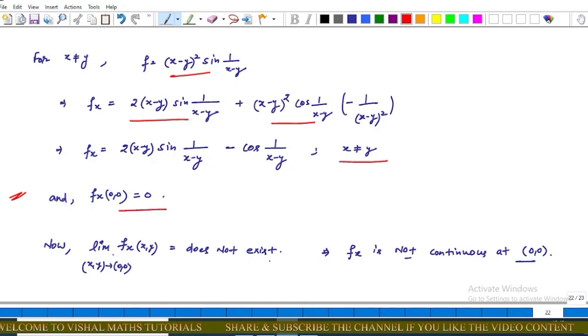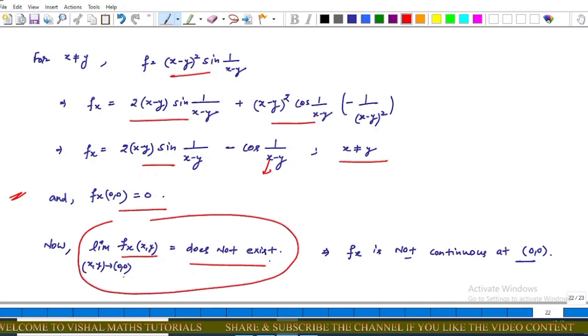Now we notice that the limiting value of fx as (x, y) tends to (0, 0) does not exist. The first term, 2(x − y) sin(1/(x − y)), has a limit as (x, y) tends to (0, 0), but the cosine term does not, which is why the whole limit does not exist. So the limiting value of fx at (0, 0) does not exist, but its functional value exists. That is, fx is not continuous at (0, 0).